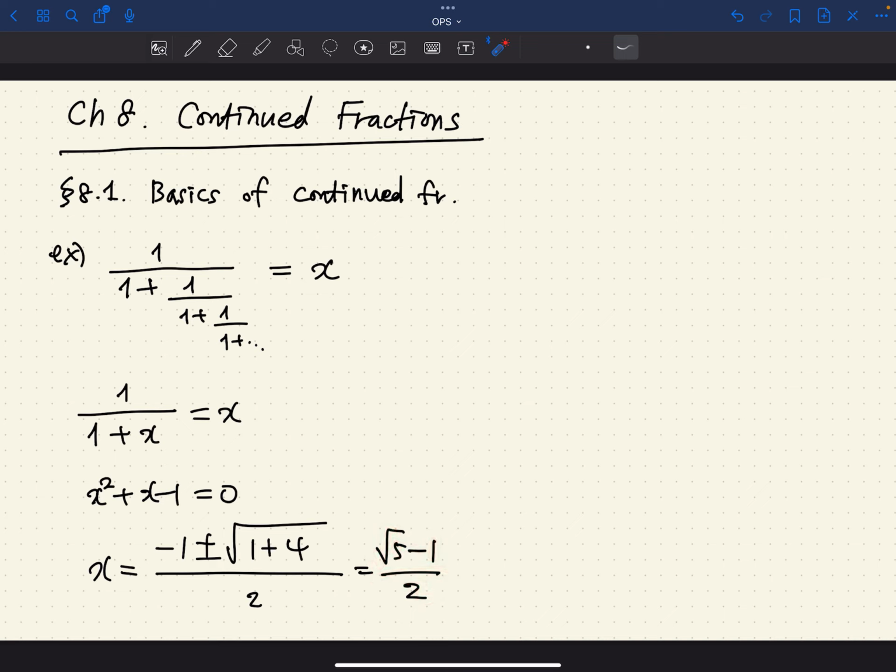So are you satisfied with this solution? Or do you understand this solution? Now, if you understood this solution, you're a good student.